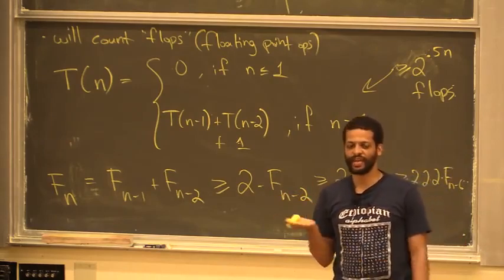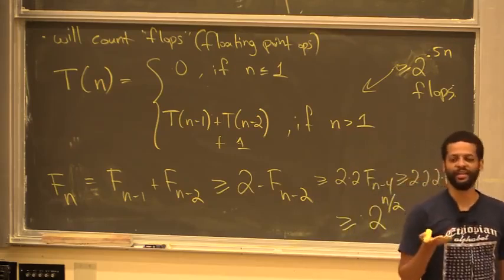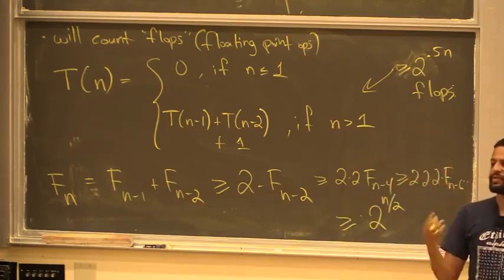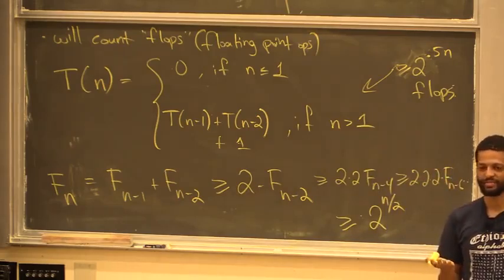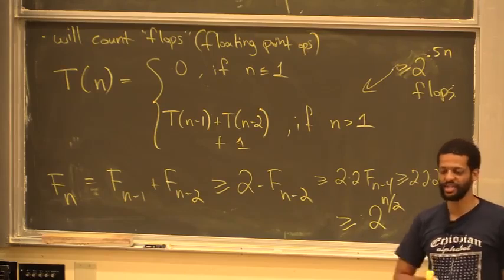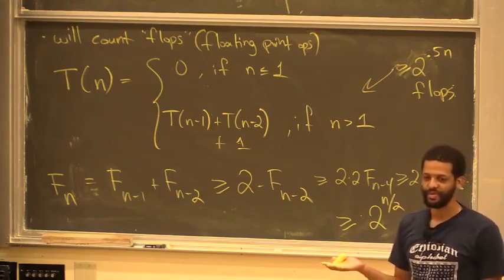So if the nth Fibonacci number is growing exponentially with n, it's roughly 2 to the cn for some constant c. How many digits is the nth Fibonacci number? Log of that, right? Which is linear in n.